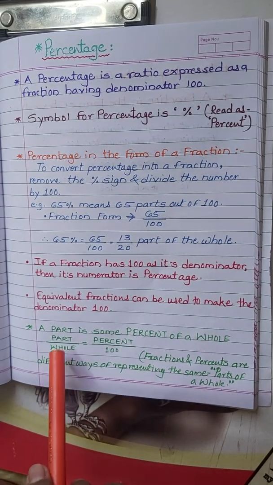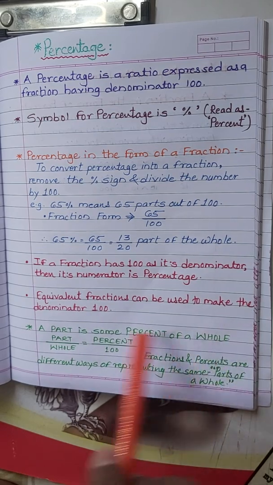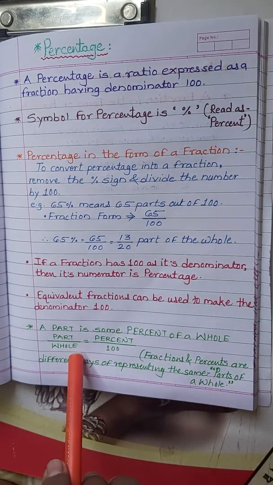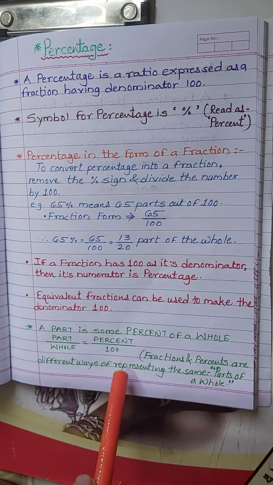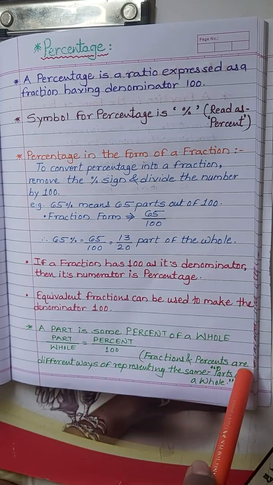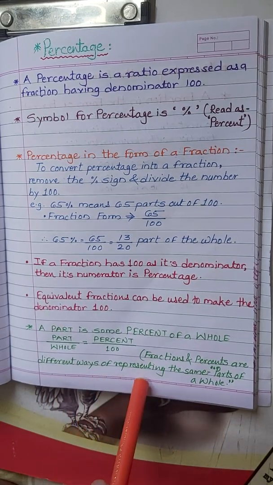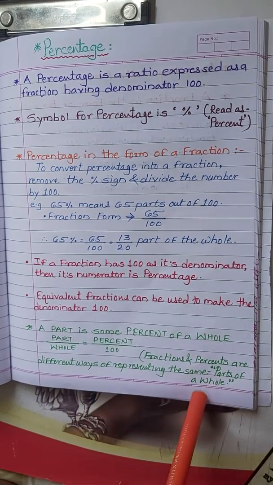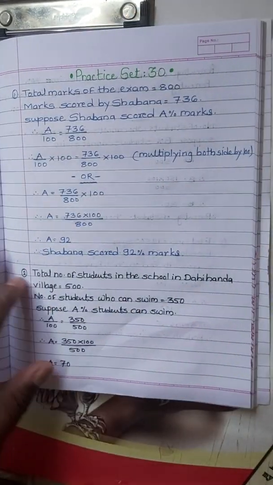Now here is a small formula: a part is some percent of a whole, so part of whole is equal to percent upon 100. Fractions and percents are different ways of representing the same part of a whole. When we solve the example, we'll realize it.